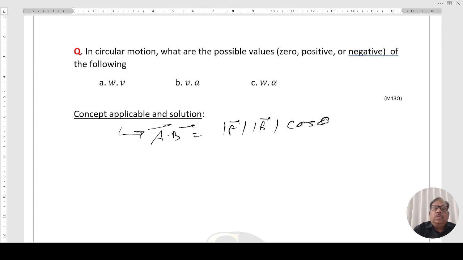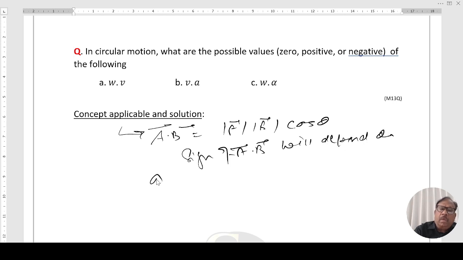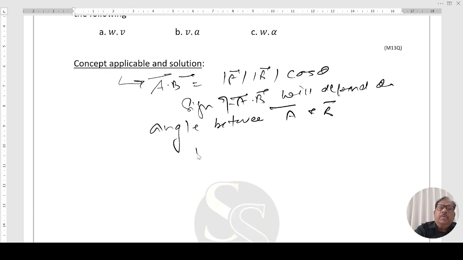The sign of A dot B will depend on the angle between A and B. If theta is greater than 90 degree, obtuse, negative.